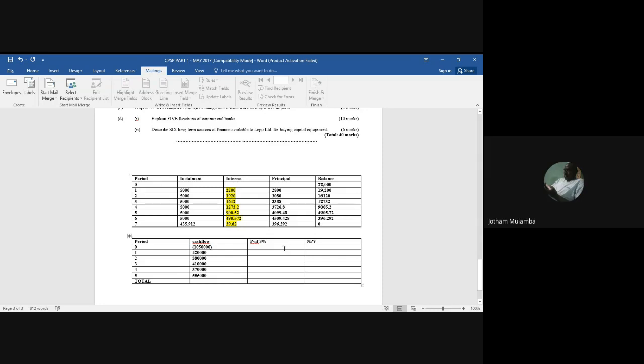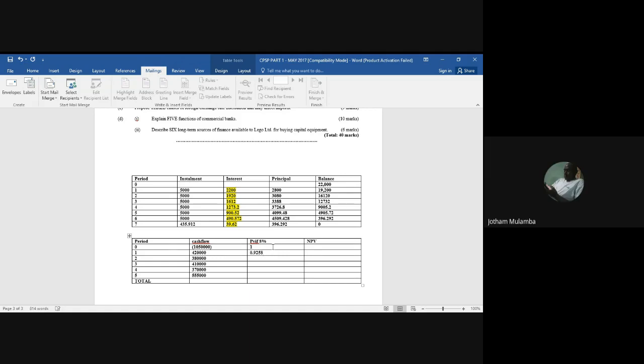Now, have you seen on your extreme left, this period? At the top, you have seen percentages? Yes. So now for period 0, the PVIF will always be 1. Now we go to period 1. Read for us the figure you are seeing under 8%. 0.9258.